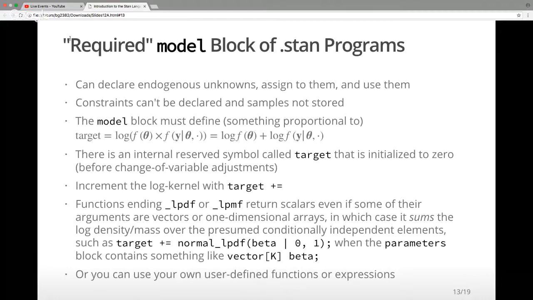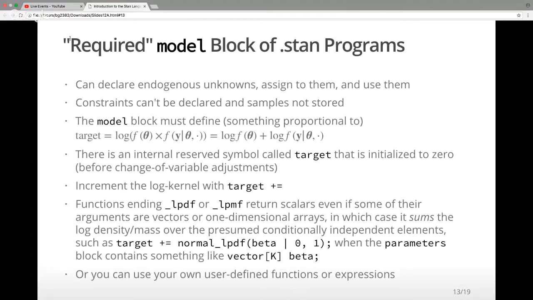Those get added, and so you can increment the log kernel by doing target plus equal, and then the priors or your likelihood, whatever you may need for that. There's a ton of functions in Stan that implement these distributions. The ones that end in _lpdf or _lpmf, those stand for log probability density function or log probability mass function, respectively.